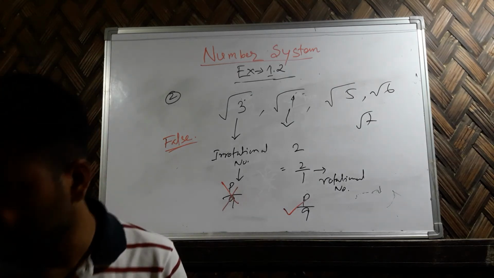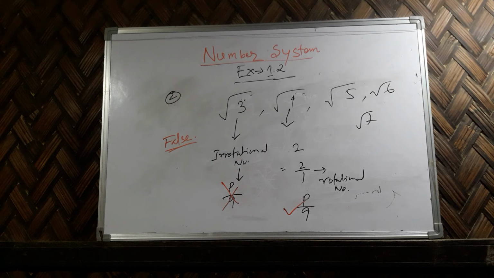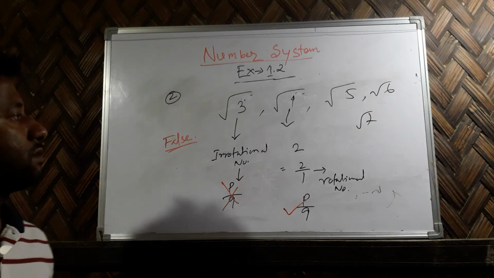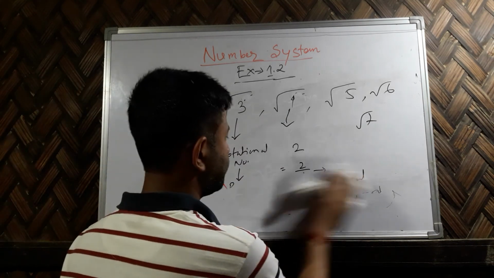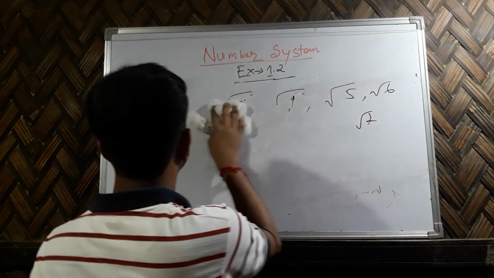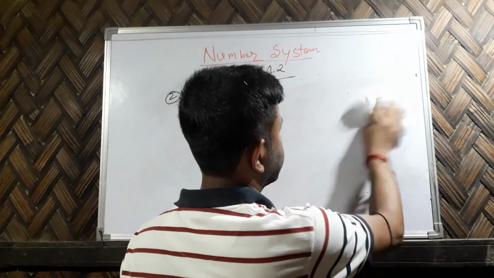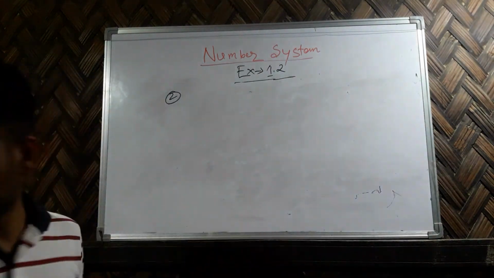Now, next question is how I can represent root 5 on the number line. This is a very important question.